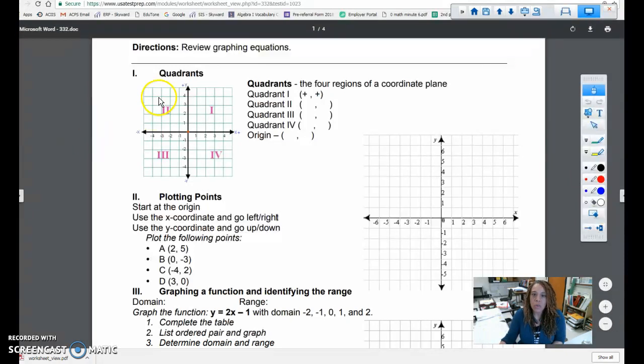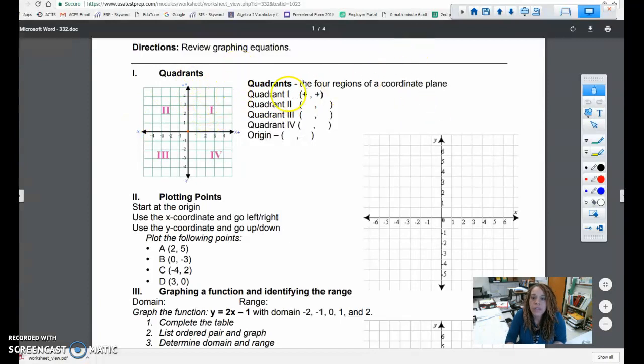Okay, so when we look at the coordinate plane here, we see this grid, and it's broken up into 4 quadrants, the 4 regions of the coordinate plane. When your y-axis and your x-axis intersect, they create 4 blocks. So quadrant 1 is here.